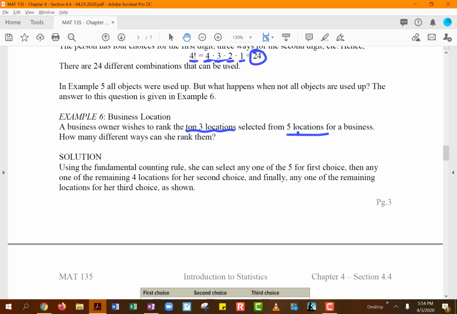So for the first location, you would actually have 5 choices to choose from, right? After you have chosen that first location, you of course will not be including it again in your calculation, which means you will not have any repetitions. So for the second choice, she would only have 4 locations.